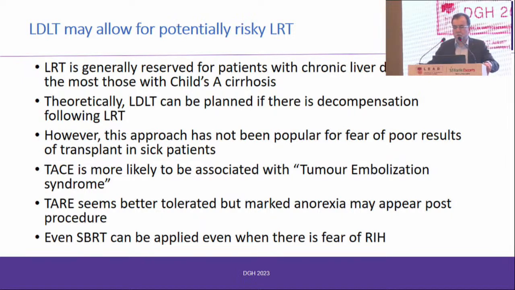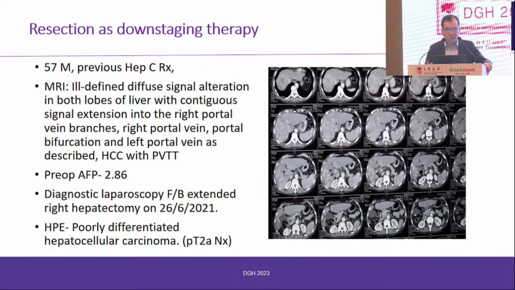Initially, this was not popular, as you thought you'd harm the patients. TACE was associated with tumor embolization syndrome. TARE seems better tolerated, but they all have very marked anorexia postoperatively. And even SBRT can be applied when there is fear of radiation-induced hepatitis.